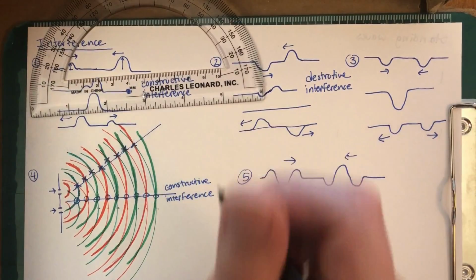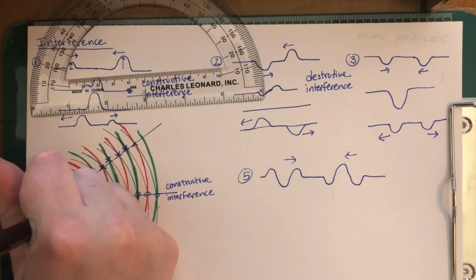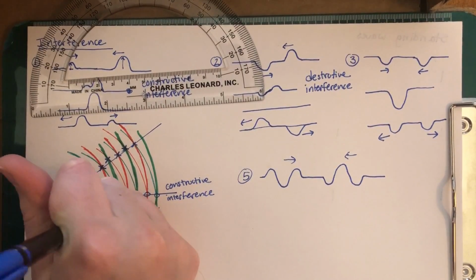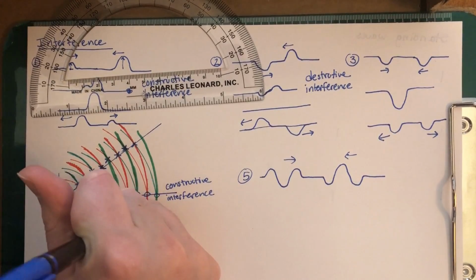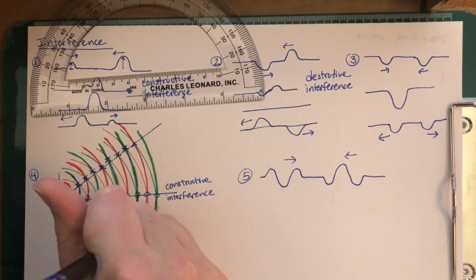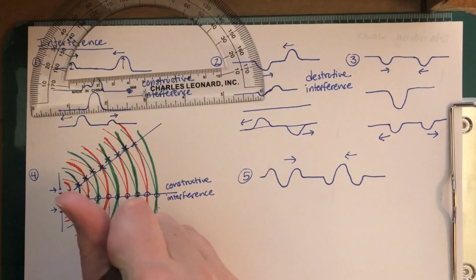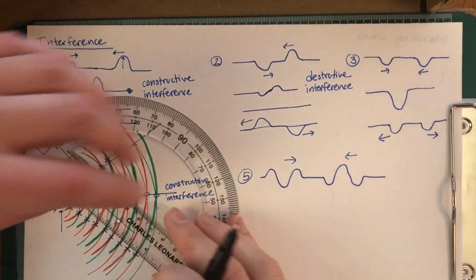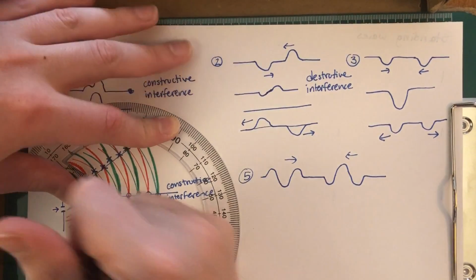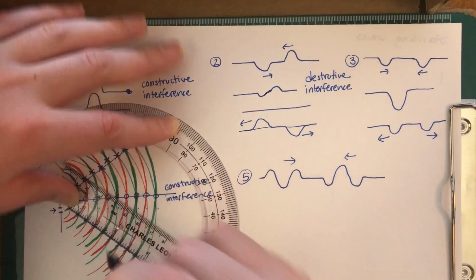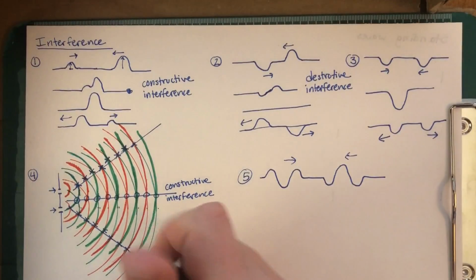And then we have the same thing going on down here, red and green overlapping. The top of one wave lines up with the bottom of the other wave. That's going to cause destructive interference.